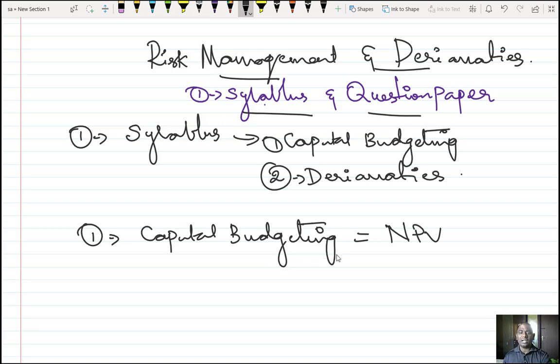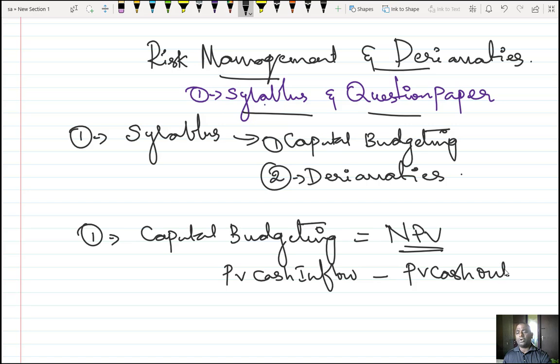We decide based on net present value. What is net present value? Net present value is equal to present value of cash inflow minus present value of cash outflow. This is called capital budgeting.